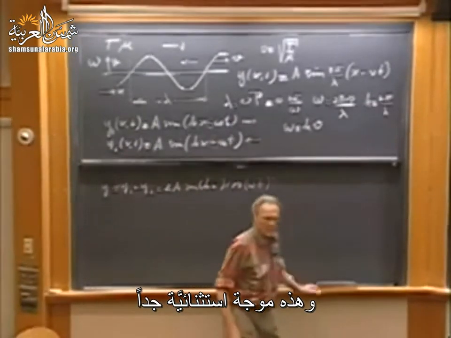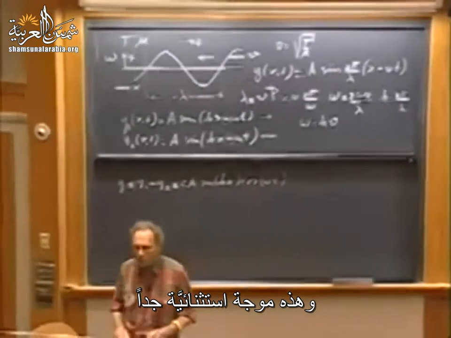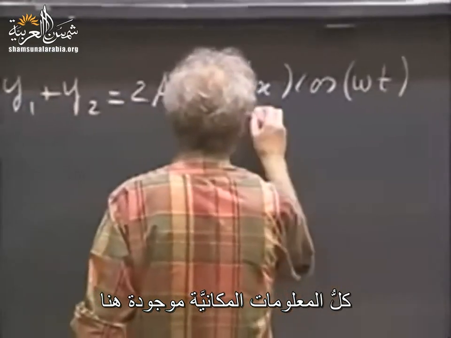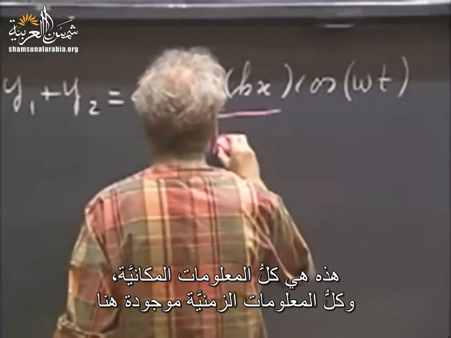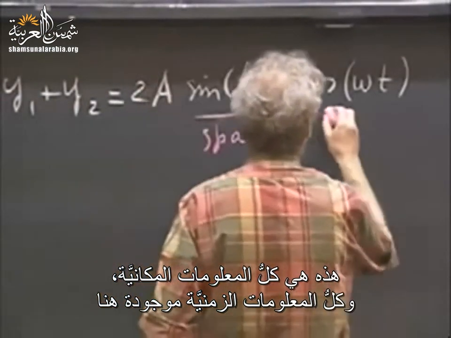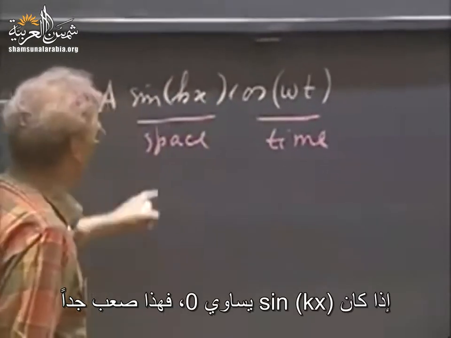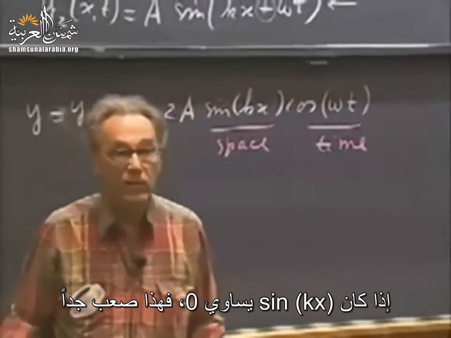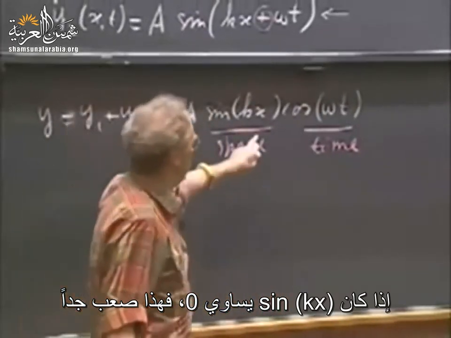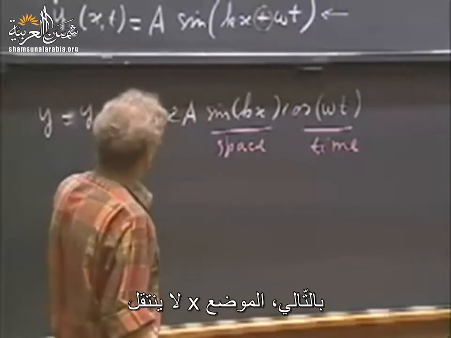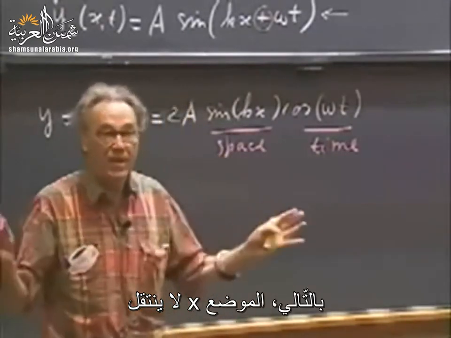And this now is a very unusual wave. All the spatial information is here, and all the time information is here. And so whenever this sine is 0, if the x is such that the sine is 0, it's tough luck, then that location x never moves.